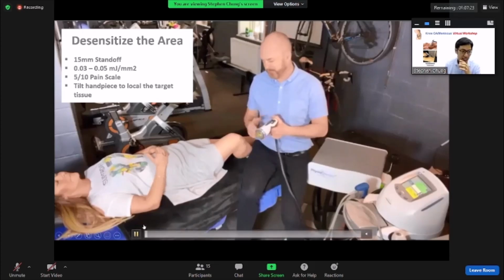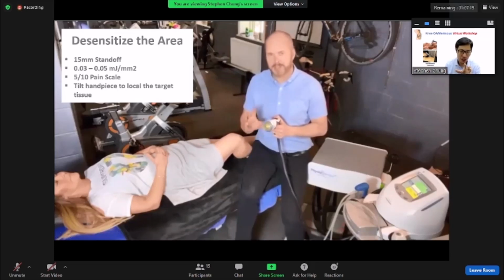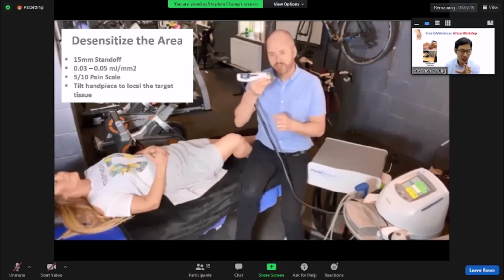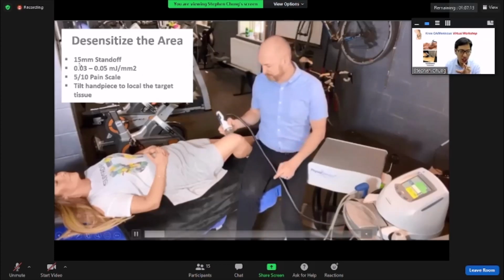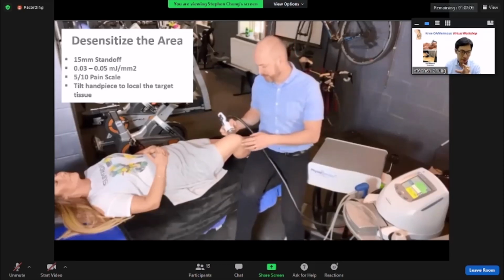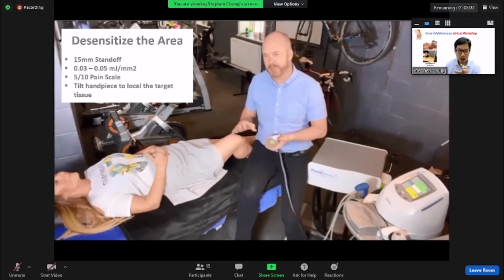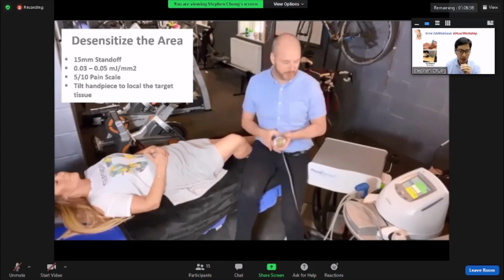And again, there is no absolute intensity for specific patients or specific indications. So during the treatment, we want to start off with low energy, but we keep asking for patient feedback by using a pain scale. We want to address 5 out of 10 on the pain scale, so we need to keep collecting feedback from patients by asking them.